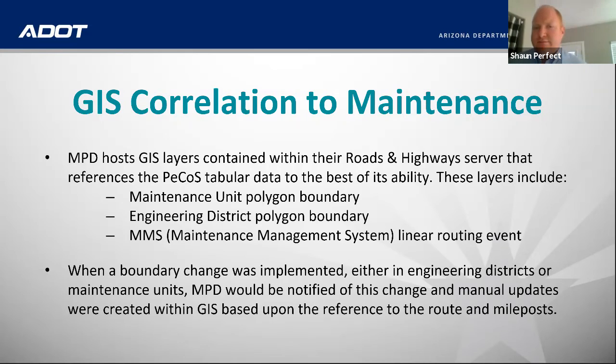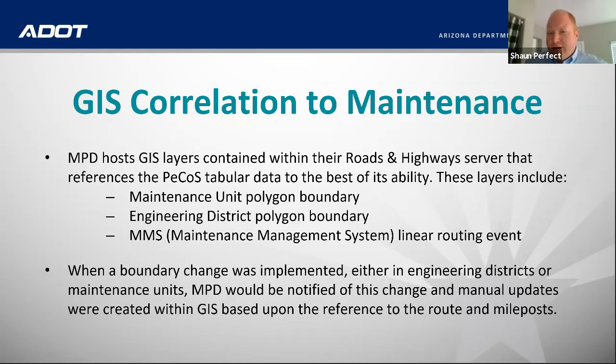So the correlation with these tabular maintenance records and GIS is that we host these layers within our roads and highways. As I said before, the roads and highways includes multiple layers of ADOT information, including pavement, traffic, functional classification, a lot of those ideas that Sage and John went through with their story maps.